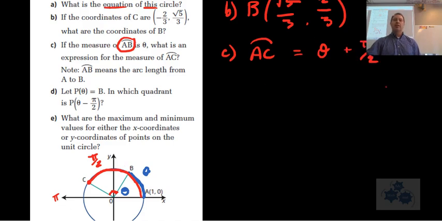Right. Okay. Now, you could have also done this. Maybe you said, hey, this is 180 minus theta. Does that make sense? 180 minus theta, or 180 minus 90, or what would it be? Could you write it in terms of pi?